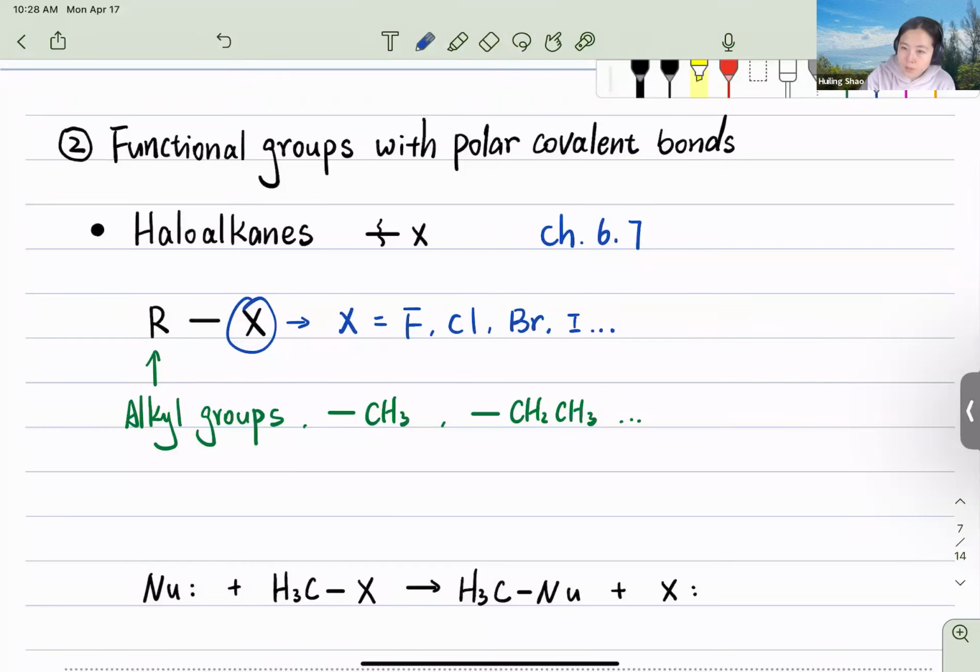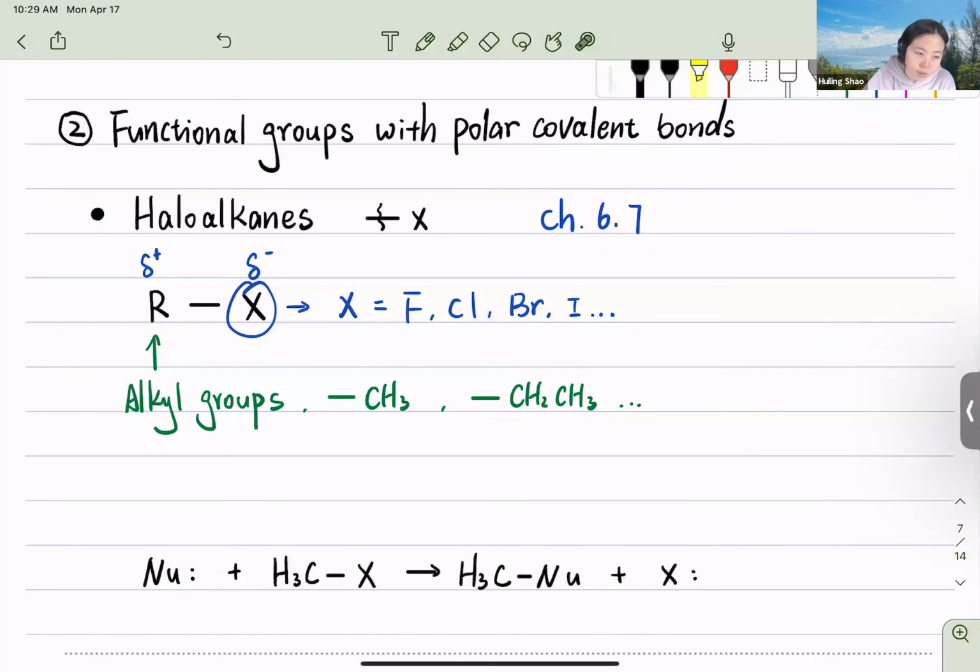Typically, because of the electronegativity difference, when you have haloalkanes, what we end up with is the carbon center acting as a relatively electron-deficient species. We've seen this example several times. For example, if I have a methyl group bonded to some kind of halogen, and you have some kind of nucleophile, this carbon center would have a partial positive charge, and the halogen would have a partial negative charge.